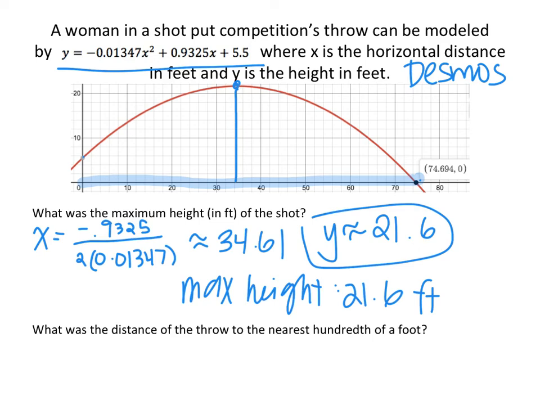It looks like it's 74.694 feet. So we can say about 74.6 feet.